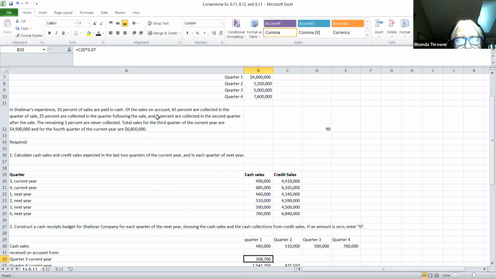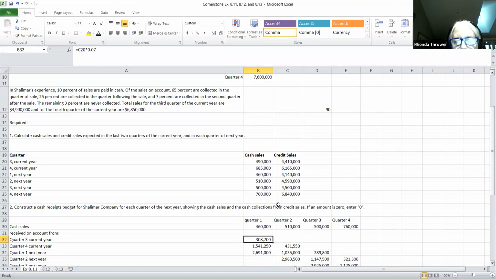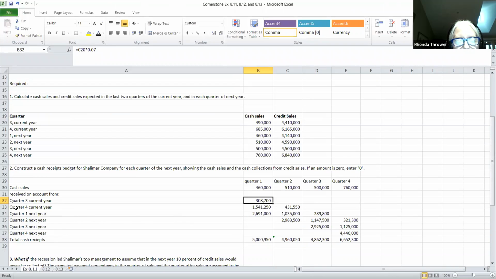See, there's a pattern here, class. Of the sales on account, 65% are collected in the quarter of the sale, 25% in the quarter following the sale, and then 7% are collected in the second quarter following the sale, and then 3% are going to never be collected of our sales on account. So you got to look for the pattern there.